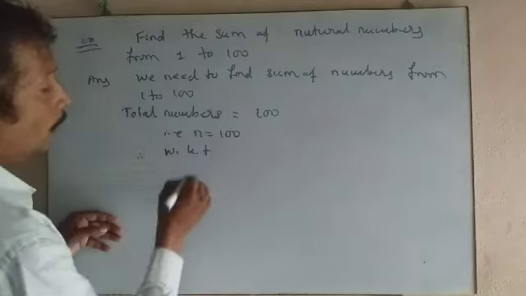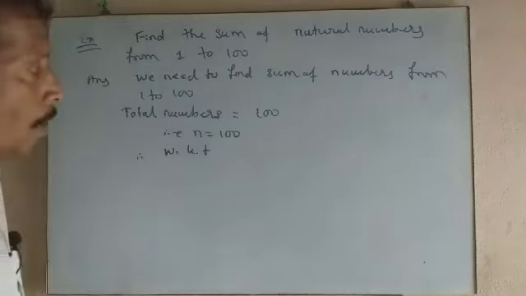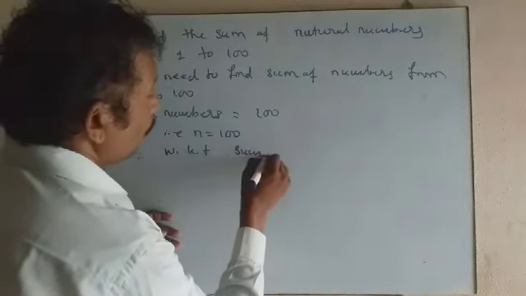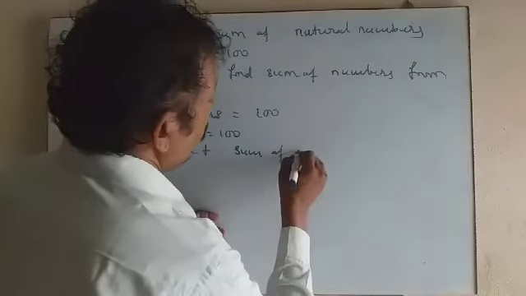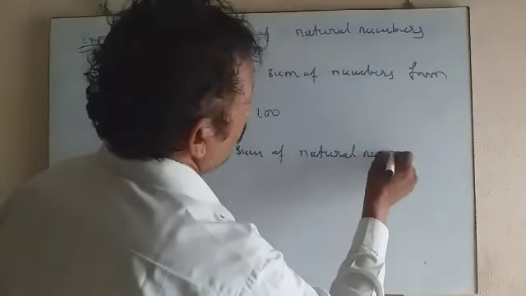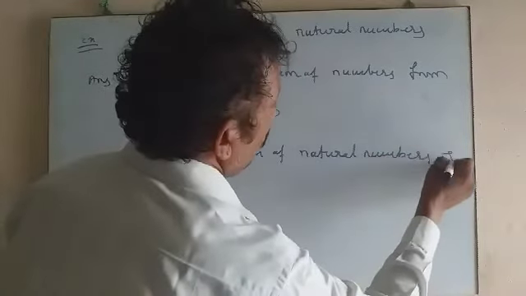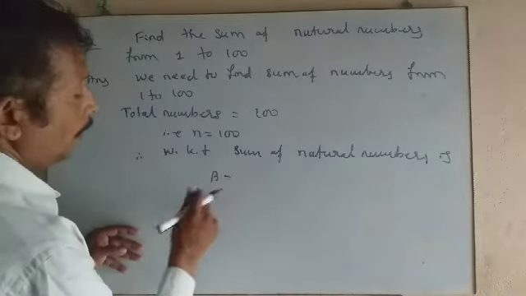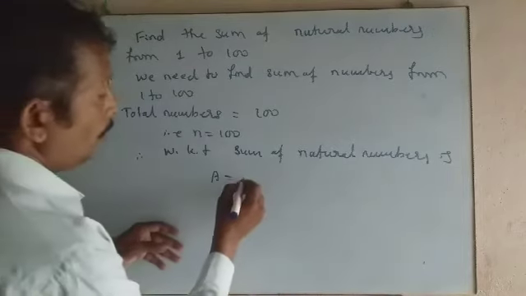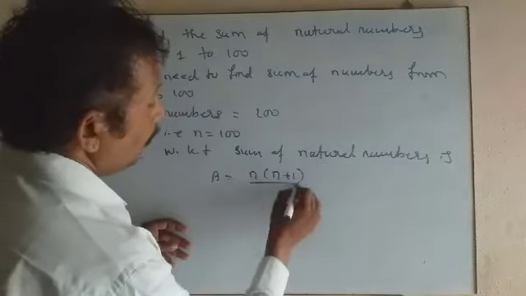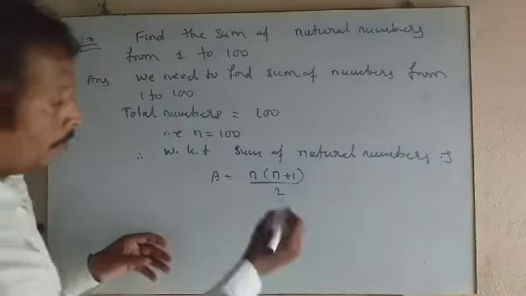We know how to find the sum of natural numbers. The sum of natural numbers, A, represents the sum. A is equal to n into bracket n plus 1, divided by 2.